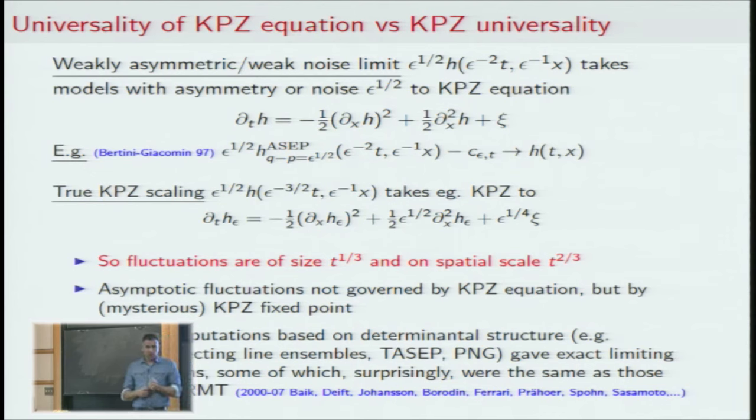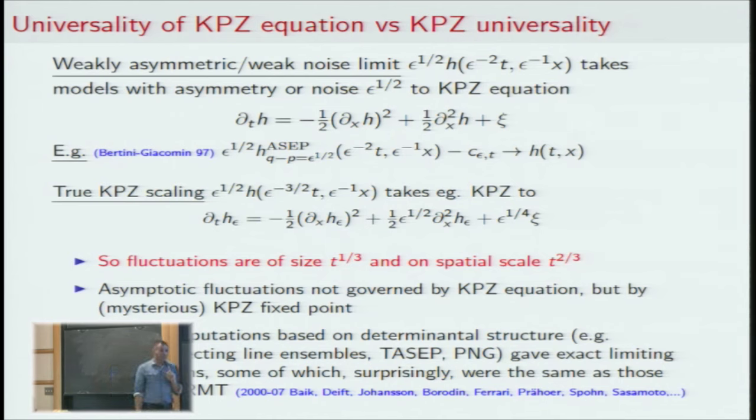So what you want to do is get to KPZ by adjusting your nonlinearity to be small, keeping close to the Edwards-Wilkinson class, so that the thing gets to the KPZ equation. Okay? So you do that like this. You take your asymmetry or your noise, it's about the same thing, of size epsilon to the minus 1/2 while you're doing this diffusive rescaling, and then in the limit you get the KPZ equation.